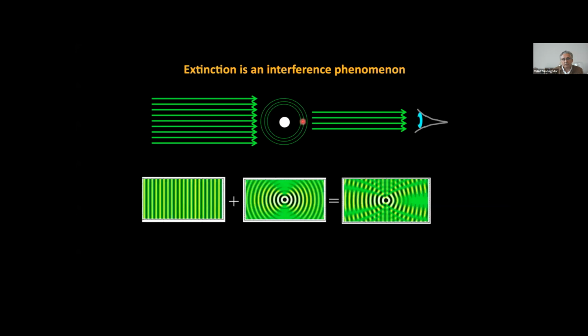And the phases conspire in a way that you end up having less light going along the original k vector. And that's also known as the optical theorem. So what you really have is an interference phenomenon.